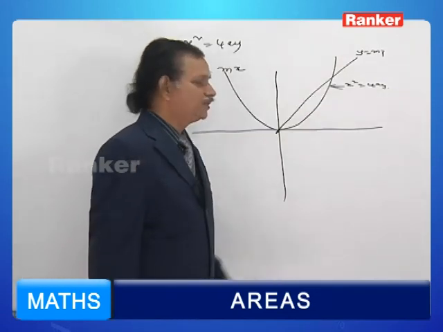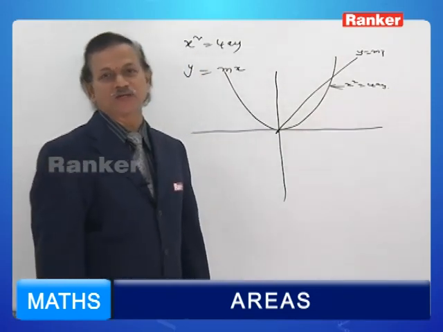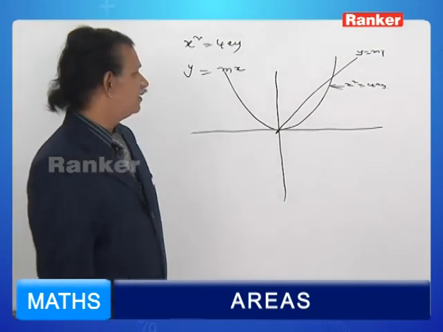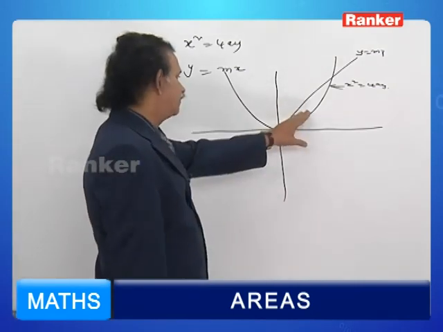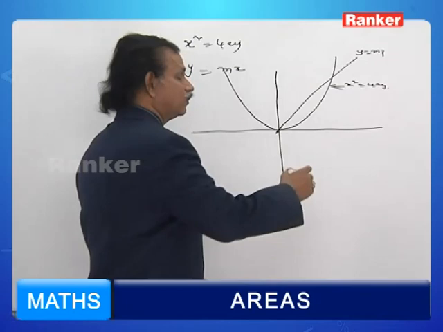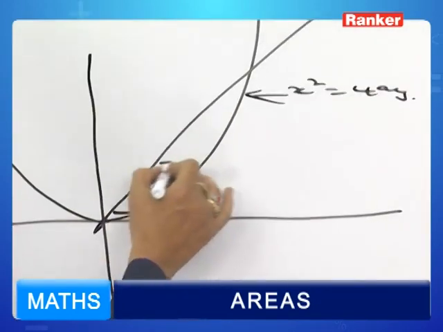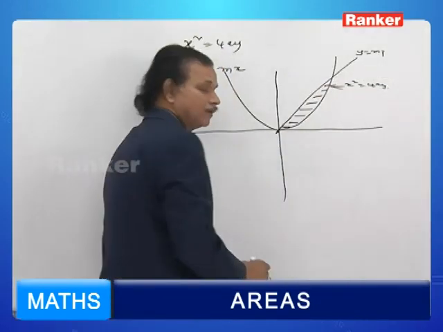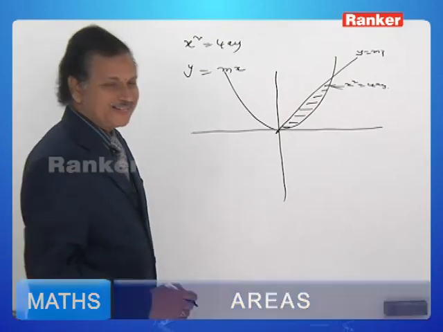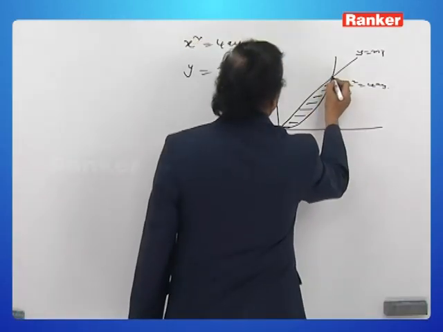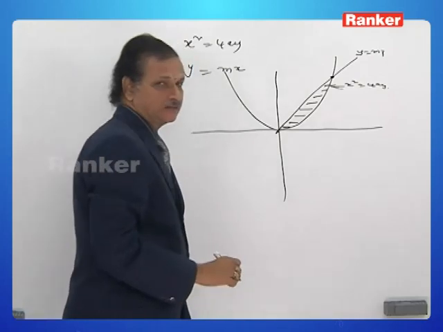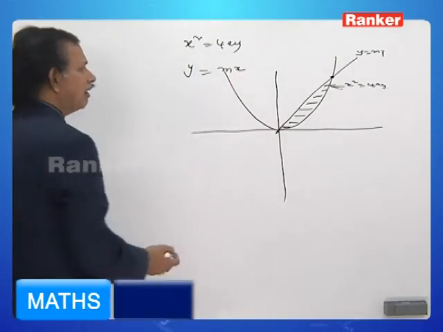This is the line y is equal to mx and this is the parabola x square is equal to 4ay. And we require the area shaded like this. For this also we need to have this point. For that you will have to solve them.